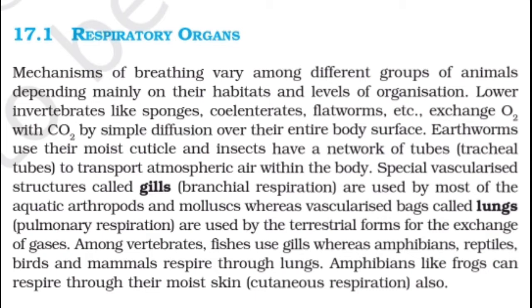A special vascularized structure called gills (branchial respiration) is used by most of the aquatic arthropods and molluscs, whereas vascularized bags called lungs (pulmonary respiration) are used by the terrestrial forms for the exchange of gases.